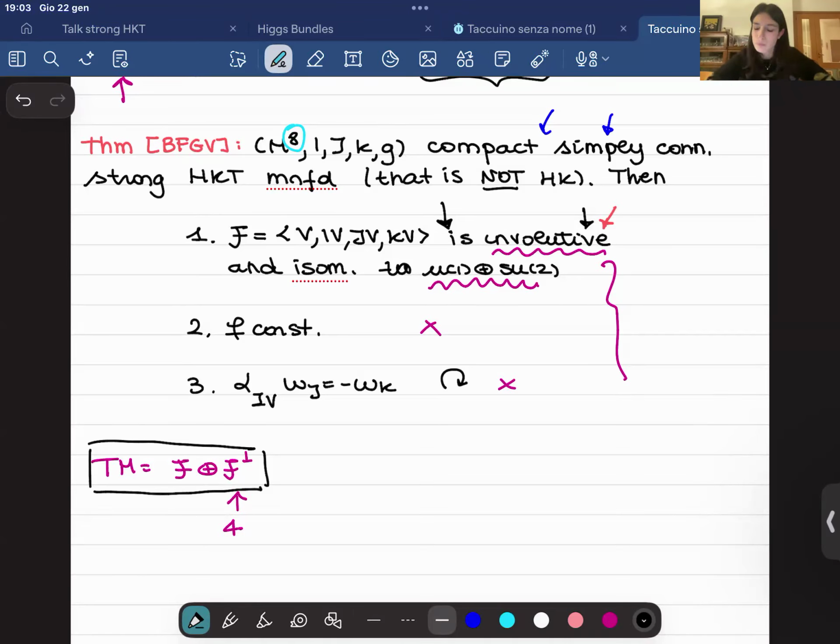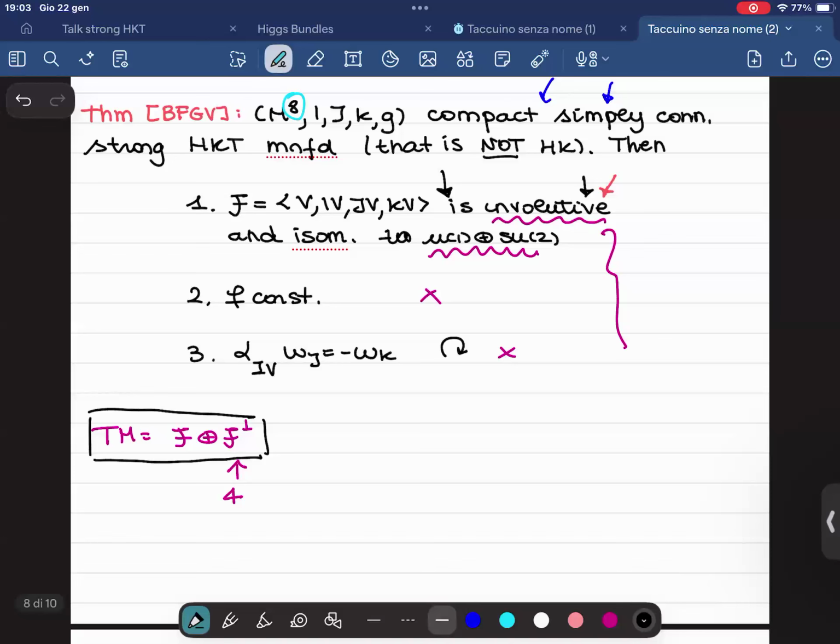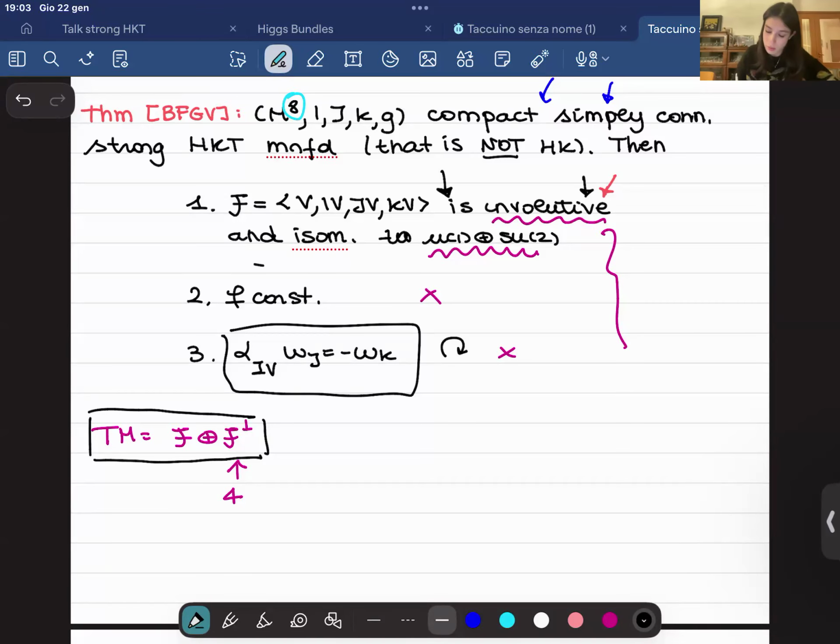The trouble is the number 3 here is the place, this property 3 is exactly the place where you need dimension 8 most heavily.